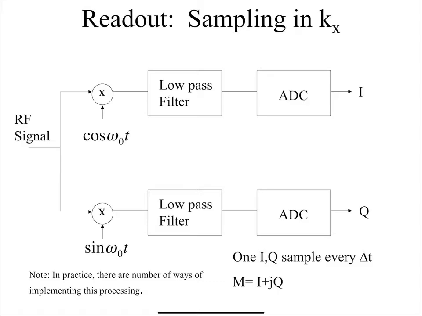So the RF signal comes in, and remember it's got this modulation of an e to the minus j omega naught t term, right? So the first thing we want to do is demodulate. That means multiplying it by e to the j omega naught t to get rid of that very fast precession term.